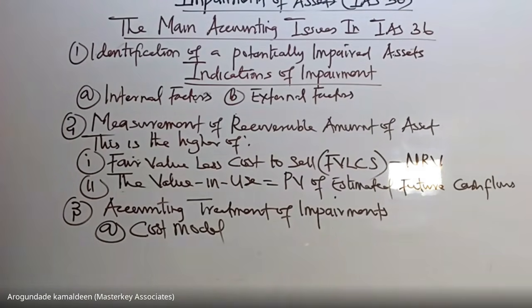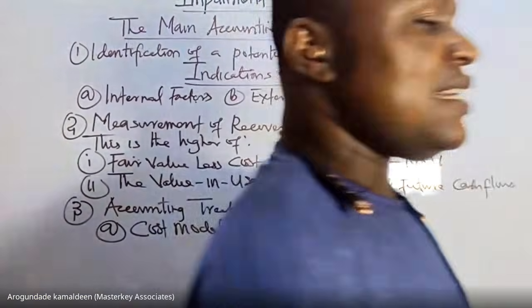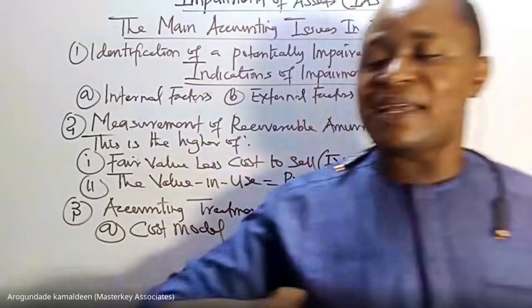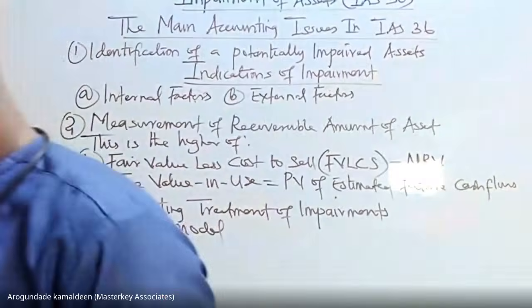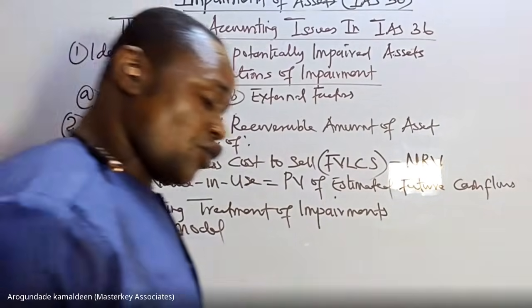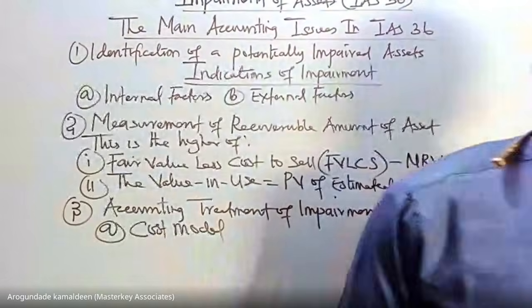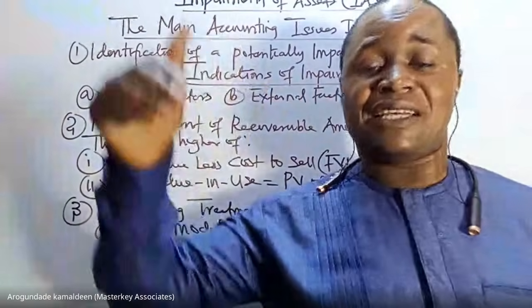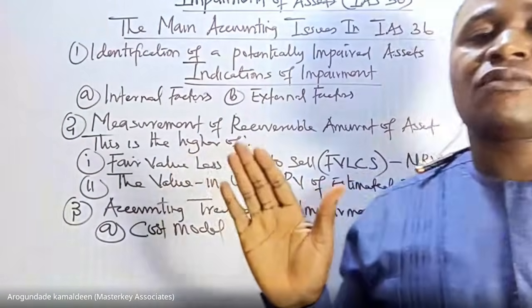Now, when the PPE is maintained at the cost model, the impairment is written off to the profit or loss account straight to where? To the P or L straight as an expense in that year.